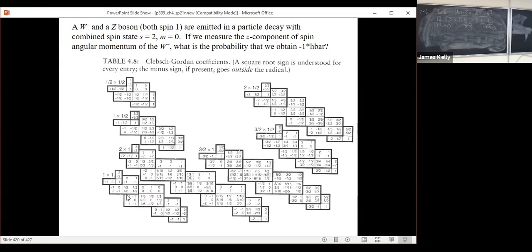So they add up to 1. So what we're seeing in the table is really probabilities, since they've left out the square roots. The possible outcomes are plus h bar, 0 h bar, or minus h bar, and the probabilities are 1/6, 2/3, and 1/6 respectively.